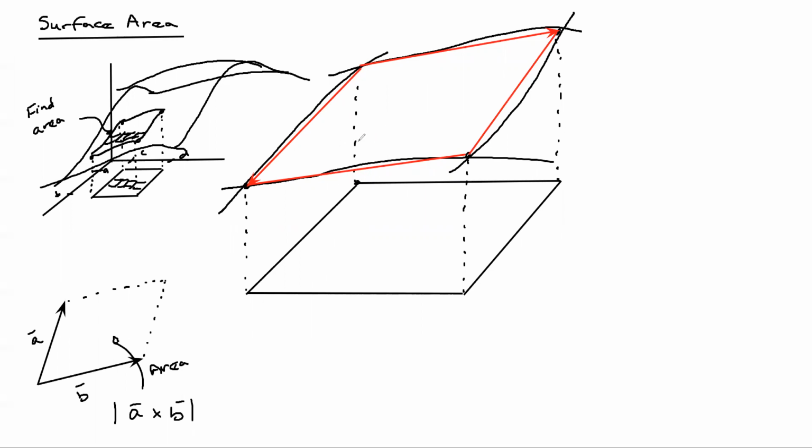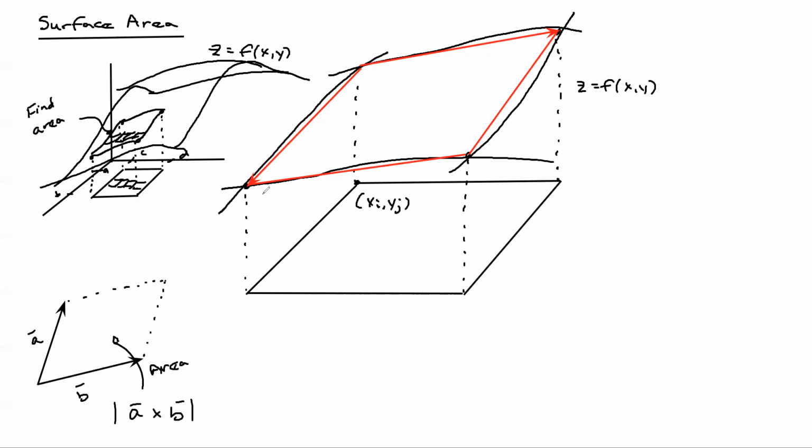We're going to say that's x sub i, y sub j, and that's f of x, y. Don't forget, we do know the surface. The surface is f of x, y. All right, so that's giving you some time to think about it.